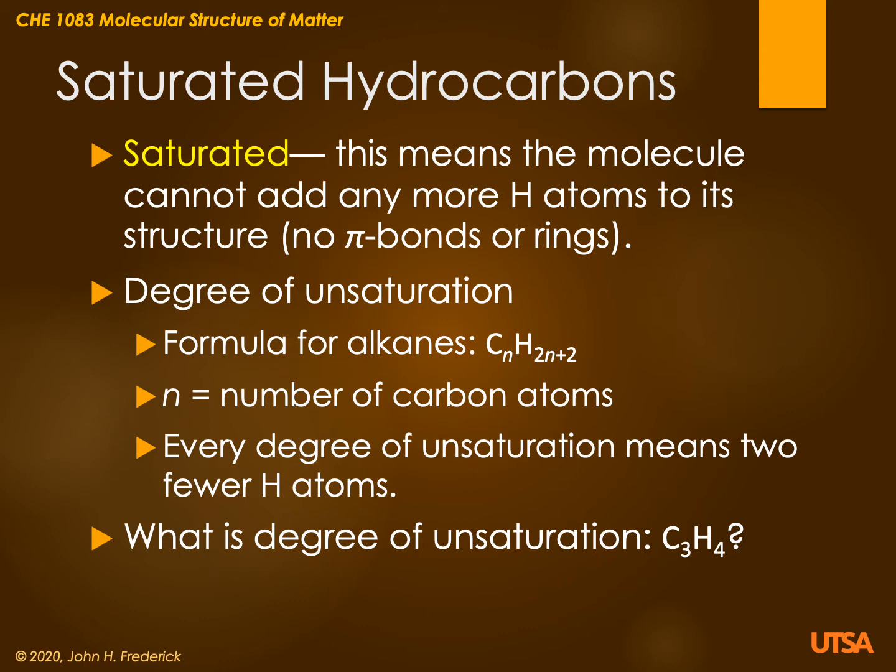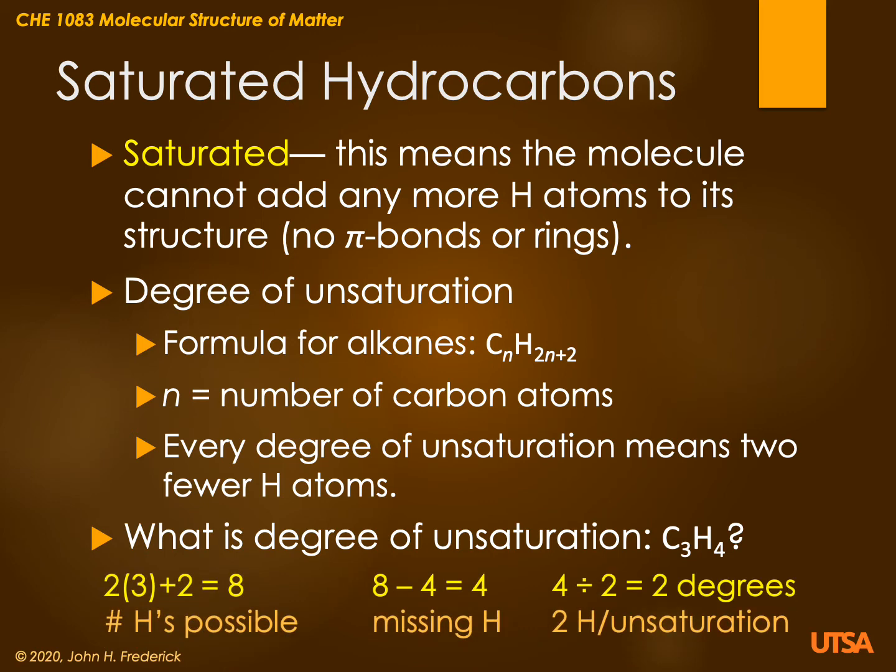All right, so how does that work? Well, what we want to do is compare this formula with the molecule that C3 would ordinarily create if it were fully saturated. That would have 2N plus 2, 2 times 3 plus 2, or 8 hydrogen atoms, and then find out how many fewer hydrogen atoms there are on this molecule, and that tells us how many degrees of unsaturation there are.